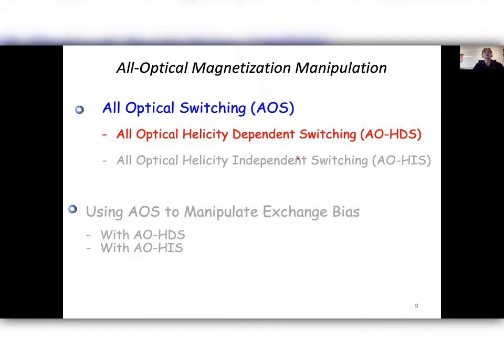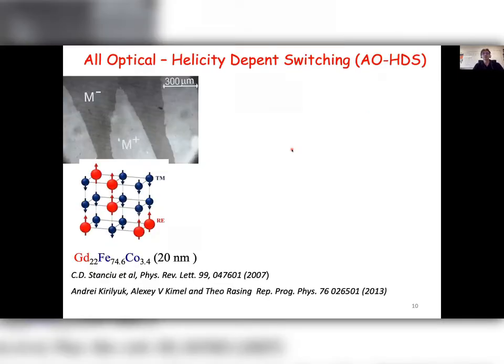So the outline of my presentation is as follows, and we will start with all optical helicity-dependent switching. It was observed in 2004, reported in 2007, and this is really the group of Mangin that opened this field of all optical switching. You see two types of domains differentiated by two different colors.